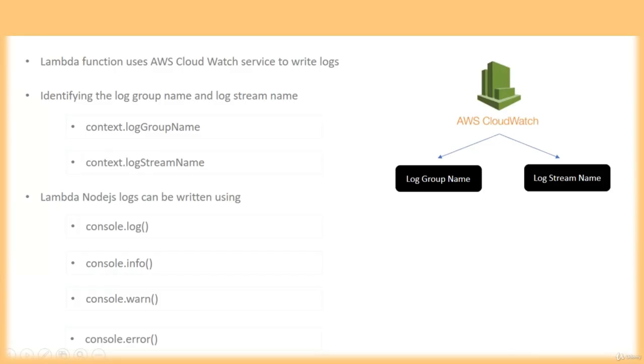In Lambda, Node.js logs can be written using console.log, console.info, console.warn, and console.error. You can write console.log in a Lambda function to provide any information statement, or use .info. .warn could be an alert, and .error is an error. They may look similar, but are certainly different based on the view.